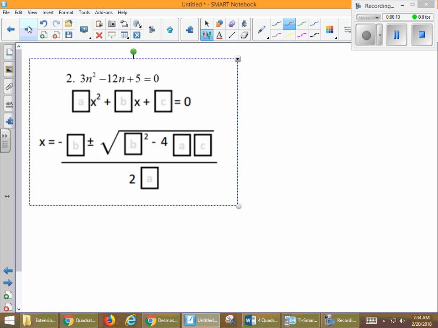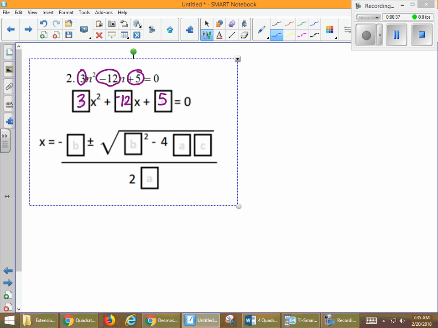Again, this one has the nice little boxes for you. And we have n's, but we can use x's. Those are really interchangeable. So 3 is our A, negative 12 is our B, and positive 5 is our C. And taking those positives and negatives with you is really important.